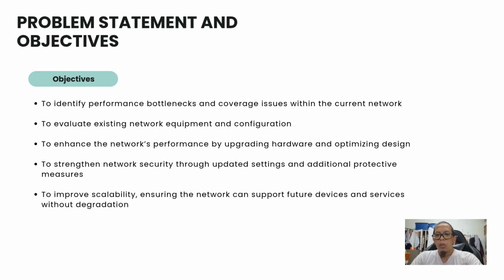Fourth, to strengthen network security through updated settings and additional protective measures. Then the last one, to improve scalability and ensure the network can support future devices and services without any degradation or bottleneck.